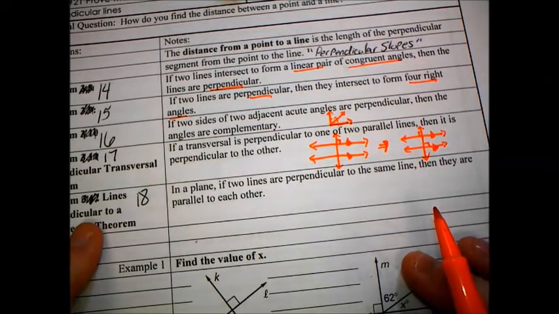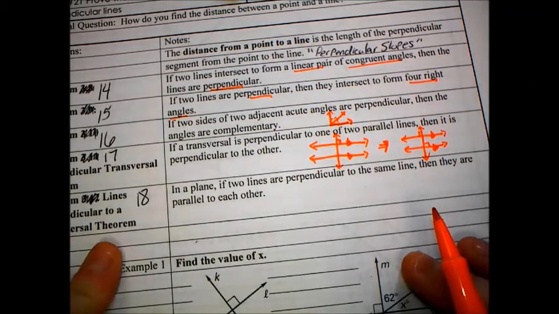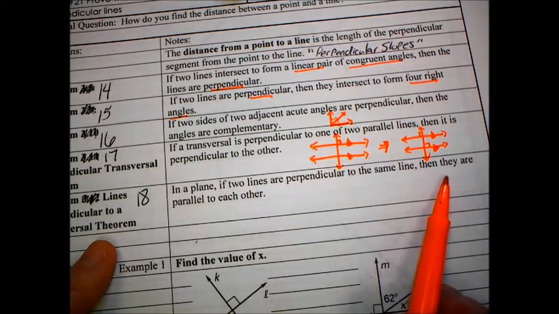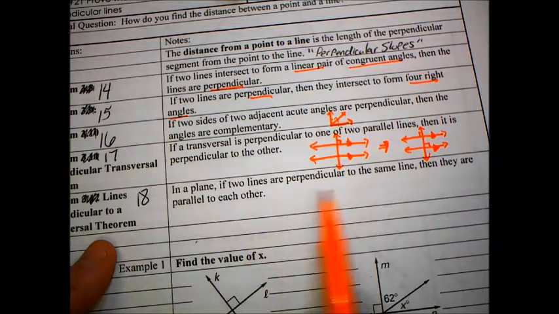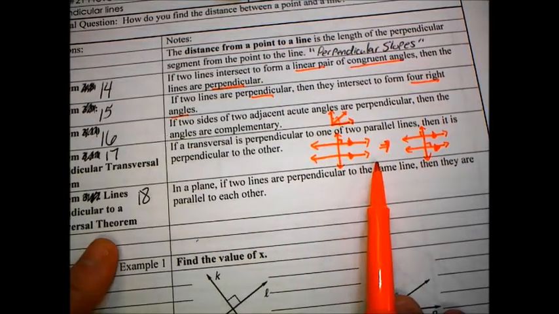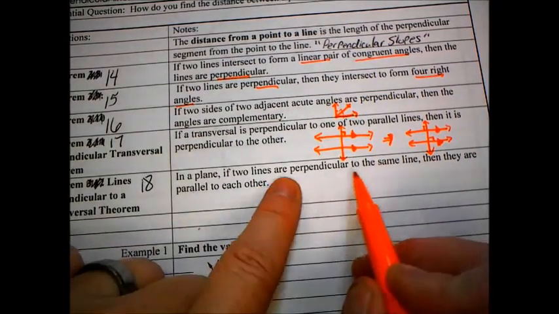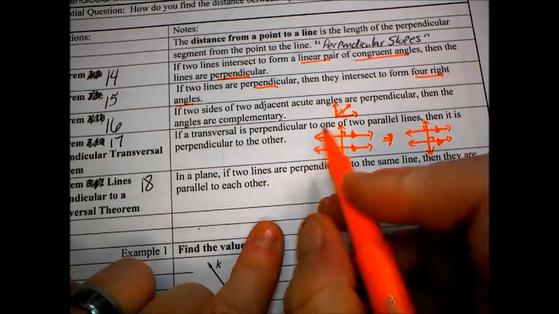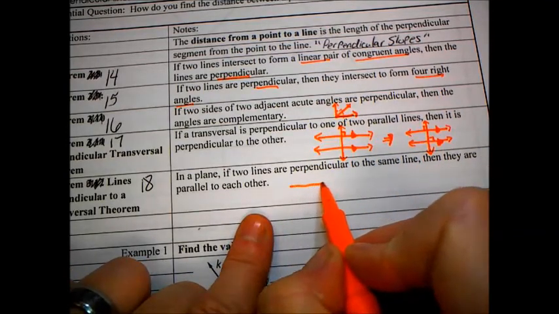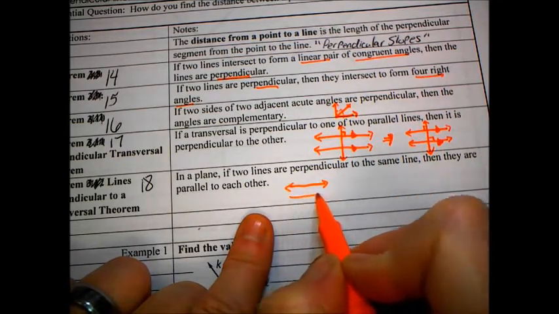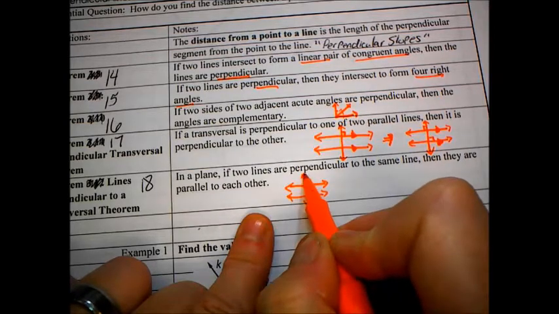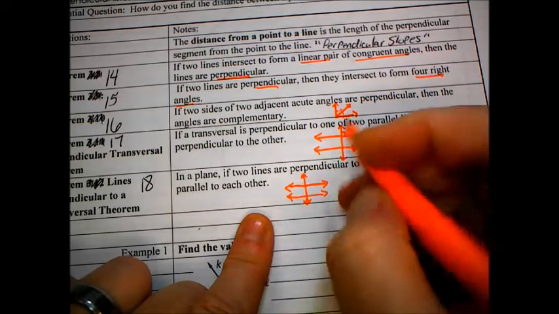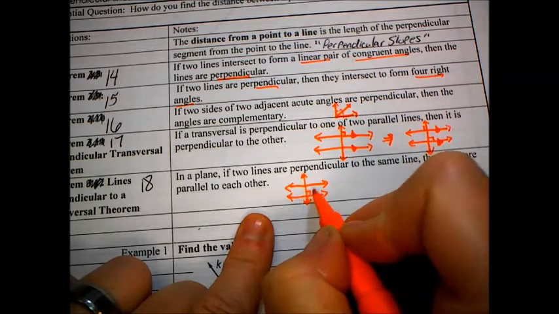Theorem number 18, the line perpendicular to a transversal theorem, says in a plane if two lines are perpendicular to the same line, then they are parallel. It's kind of like the converse of the previous one. Similar, but you start out with two lines perpendicular to the same line. So for this little picture, it says that the two lines are perpendicular.